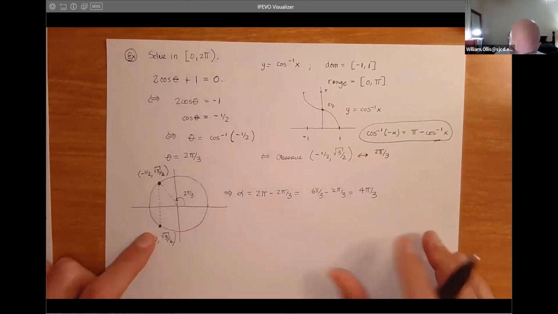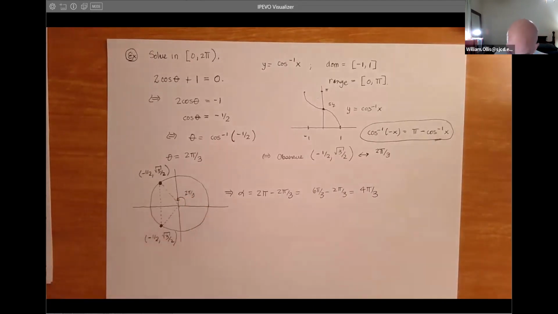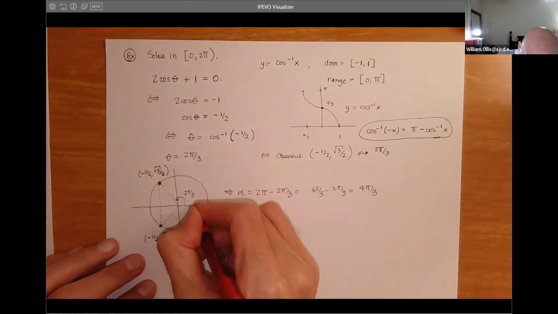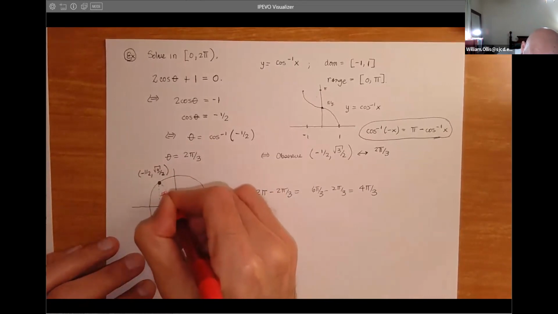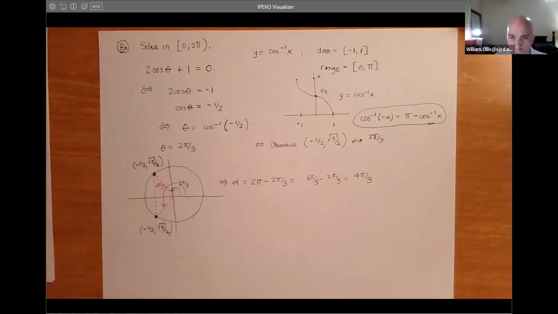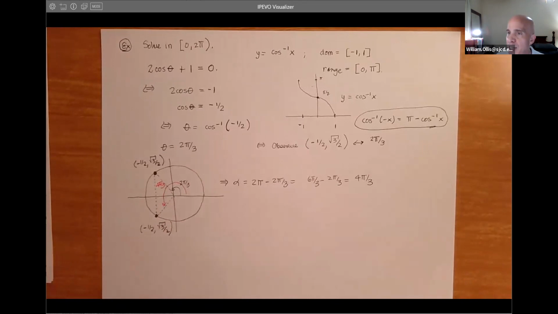So if you just look at your unit circle, you can see that we have a second solution in 0 to 2 pi. So we'll say here, 4 pi over 3. So this is kind of an introduction to solving equations that makes basic use of what? The inverse trig functions and the symmetry of the unit circle.